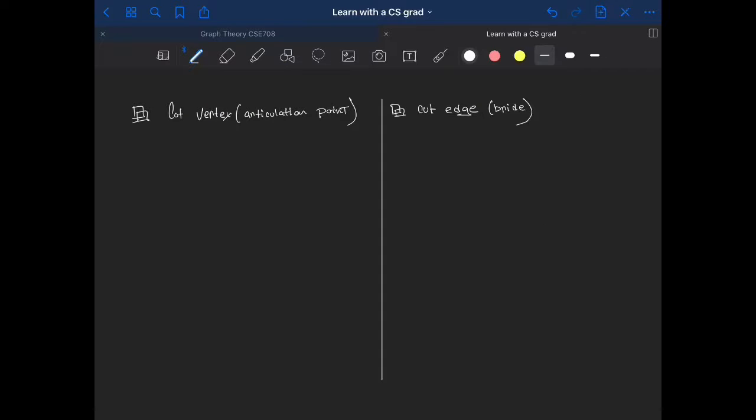Now this is the final topic of the video: cut vertex and cut edges. Let's talk about cut edges first. Let's say we have this graph, and a cut edge, which is also known as a bridge. A bridge is an edge such that if you remove it, the graph becomes disconnected. Let's say this is the whole graph, and everything is connected. This has only one component.